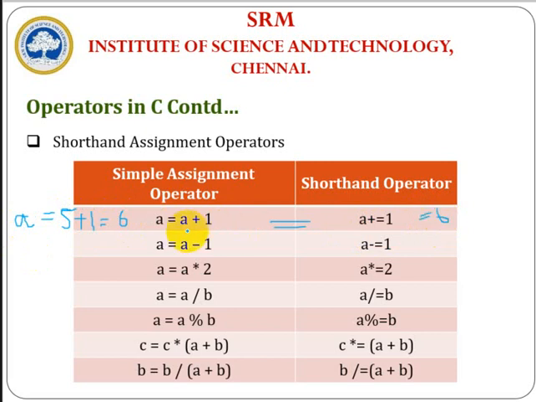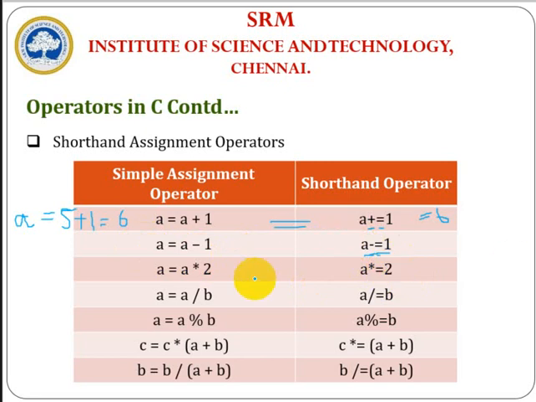The only difference is you shorten the statement by clubbing the arithmetic operator followed by the assignment. Similarly, the subtraction operator followed by assignment is a = a - 1. When you write the shortened operator, the compiler understands it as the expansion of the variable, the arithmetic operation, and the assignment.